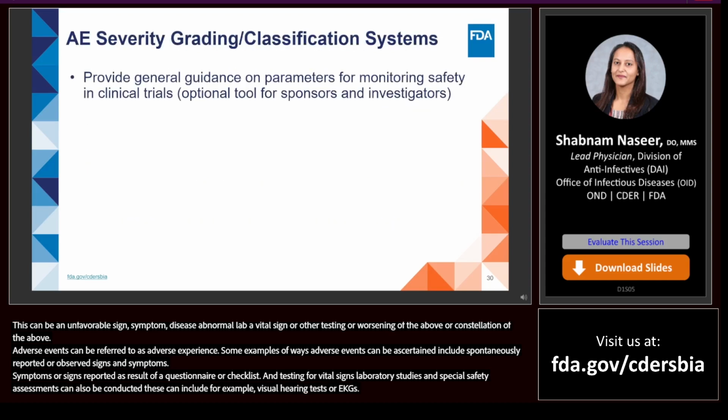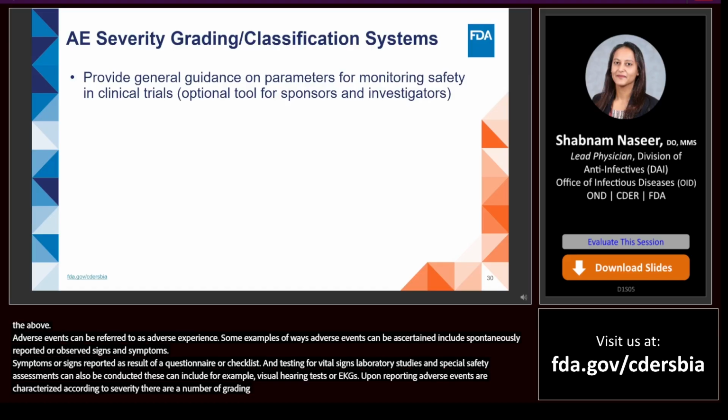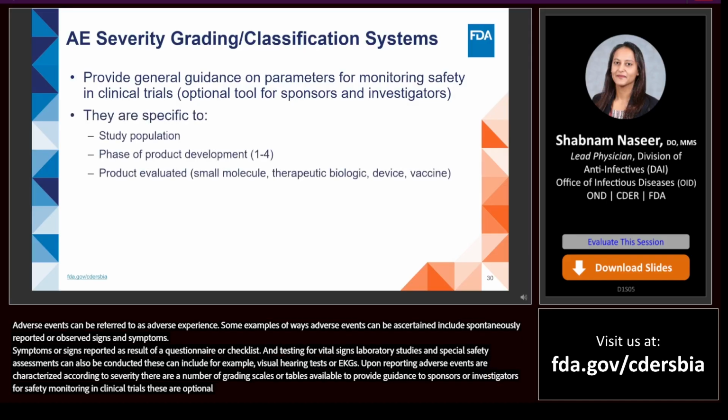Upon reporting, adverse events are characterized according to their severity, and there are a number of severity grading scales or tables that are available to provide guidance to sponsors or investigators for safety monitoring in clinical trials. These are optional tools. They are specific to the study population that's being evaluated, for example, patients or healthy volunteers.